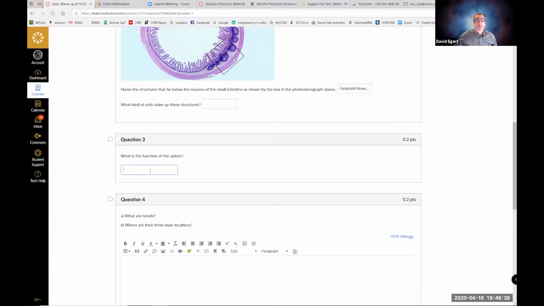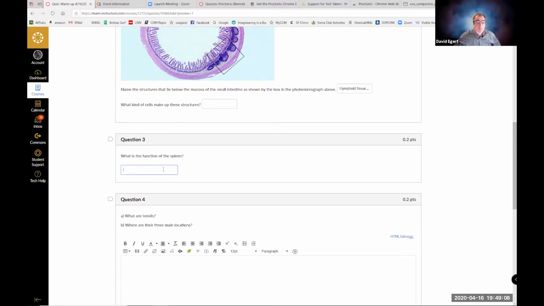The function of the spleen. To filter blood. It basically filters blood, which is a big part of what it's doing. Somebody, while I was grading some of these, said the function is to recycle worn out red blood cells, and I gave them partial credit because it does do that.